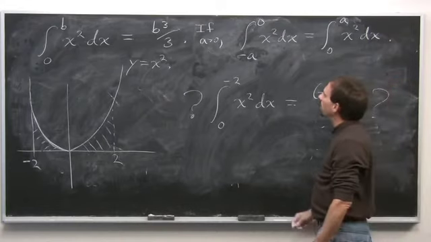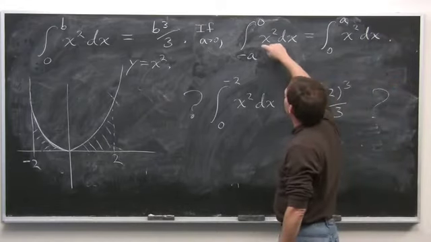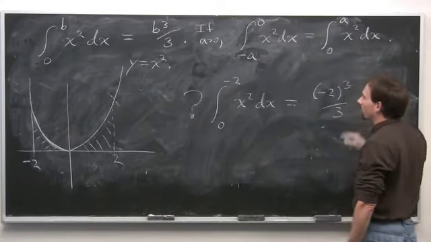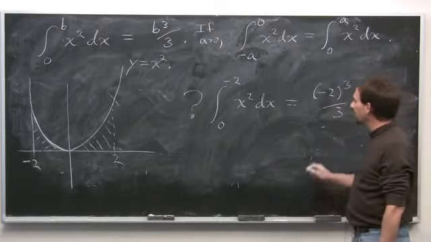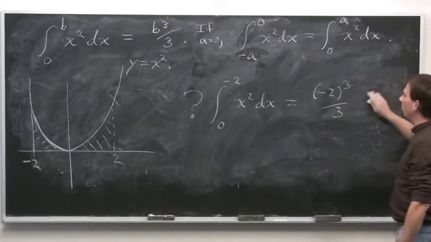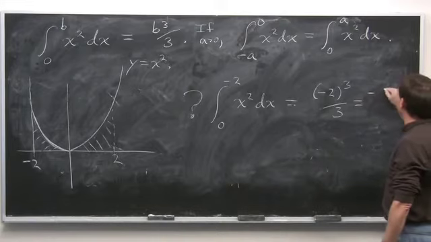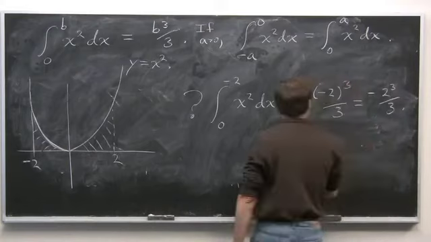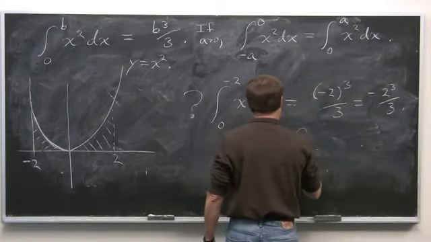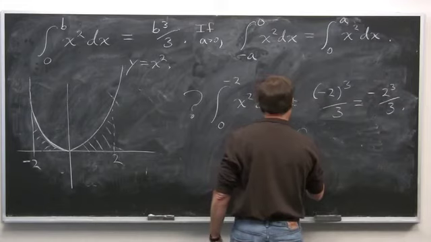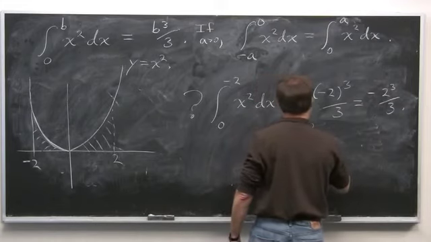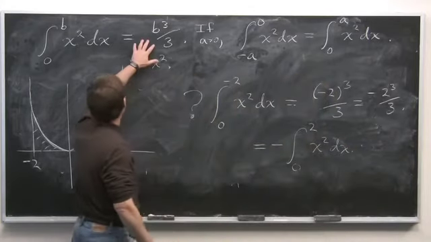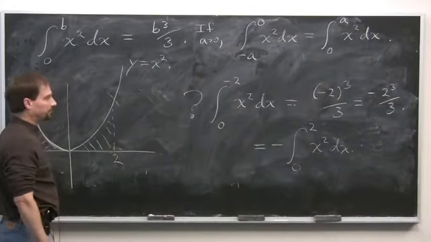So it means that the integral from 0 to -a would be negative this area. But that's exactly what we're getting. When you cube -2, this is negative 2 cubed over 3, so negative 8/3, which is negative the integral from 0 to 2 of x squared dx. So yes, this formula is right, even when b is negative.